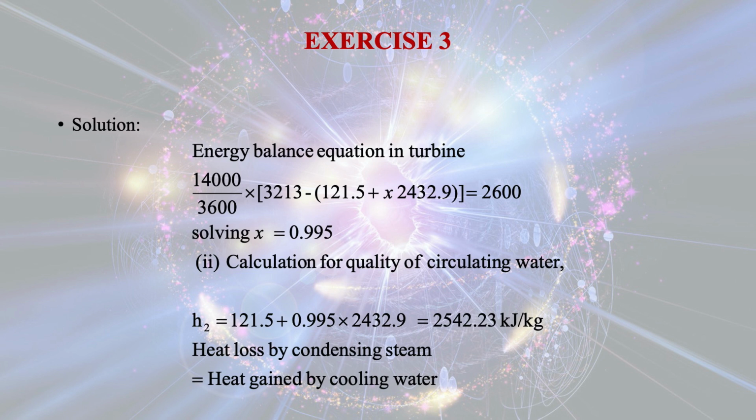Now we know very well that when there is heat transfer between a hot body and a cold body, heat loss by the condensing steam for this case is equal to heat gain by the cooling water. Now let us write down the expressions accordingly.